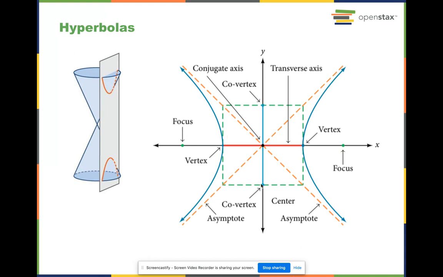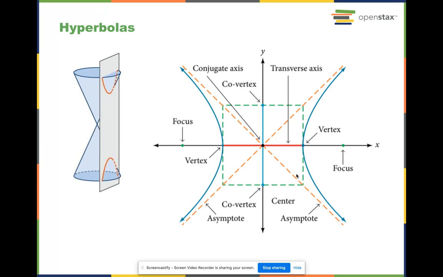All right, we still have these points called covertices or covertex. Here's a covertex, here's a covertex. But now we have this green dotted box, okay? We'll talk more about that. We have our covertex and our vertex. And once we have those, if we need to graph a hyperbola, we're going to draw this little green box and then draw these orange lines between the two corners.